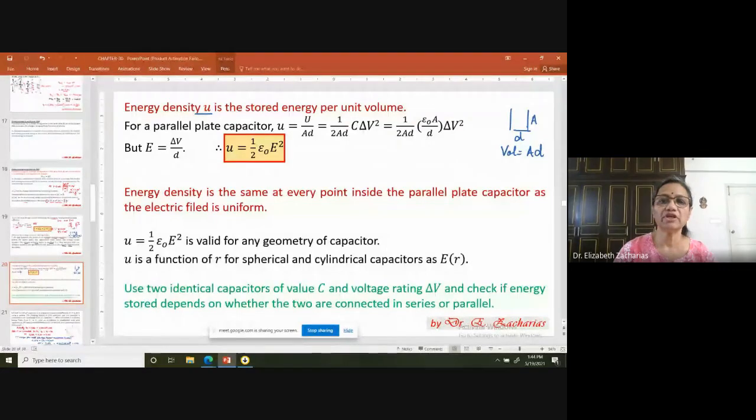Okay, so let's just put that. Potential energy divided by AD. Potential energy is half C delta V square. Therefore you write 1 by 2 AD into C delta V square.